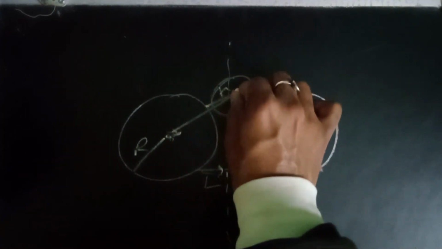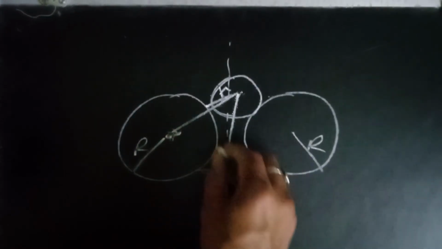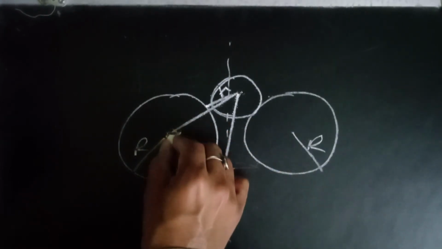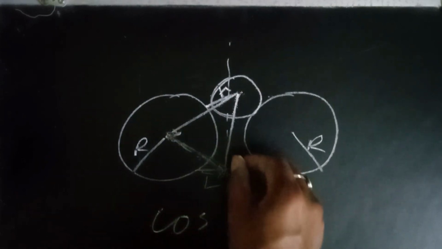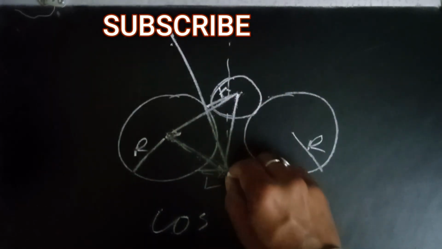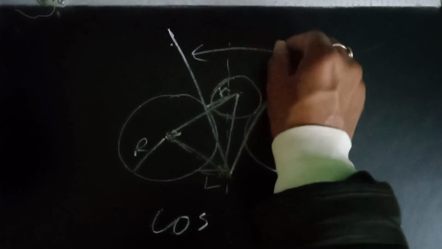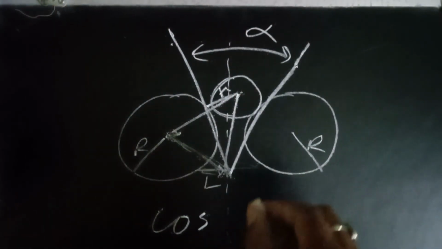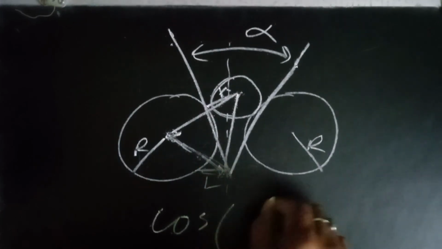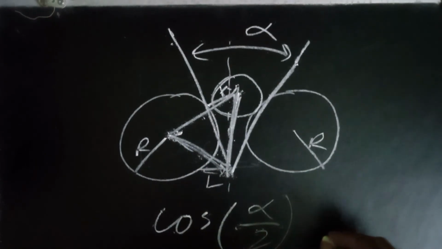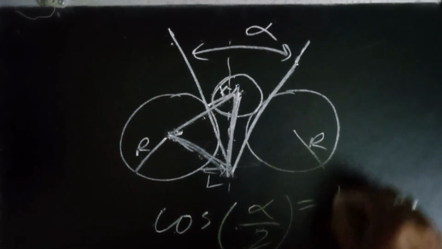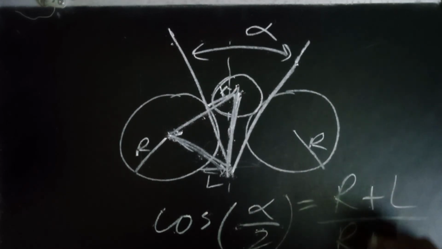The angle of nip, this whole angle, is alpha, and we make a triangle with half of the angle, alpha by 2, and cos alpha by 2 equals R plus L by R plus r.